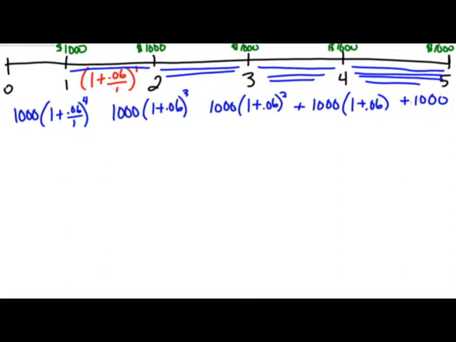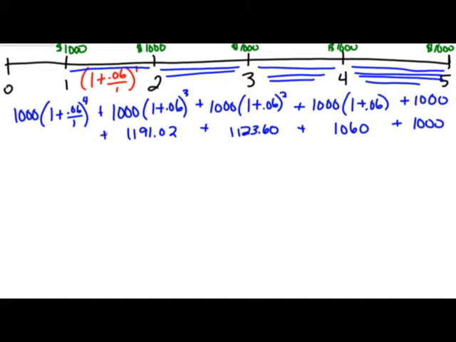If I were to take these values, I have 1,000 times 1 plus 0.06. If you were to put that in your calculator, you end up getting $1,060. If I were to take 1 plus 0.06 squared, multiply that by $1,000, you end up getting $1,123.60. If I do it again for this next term to the 3rd power, you end up getting $1,191.02.